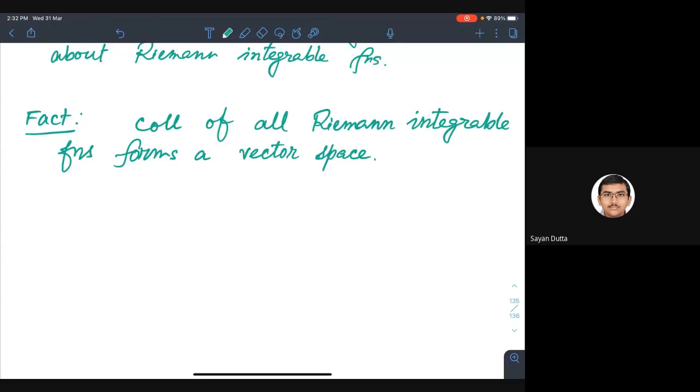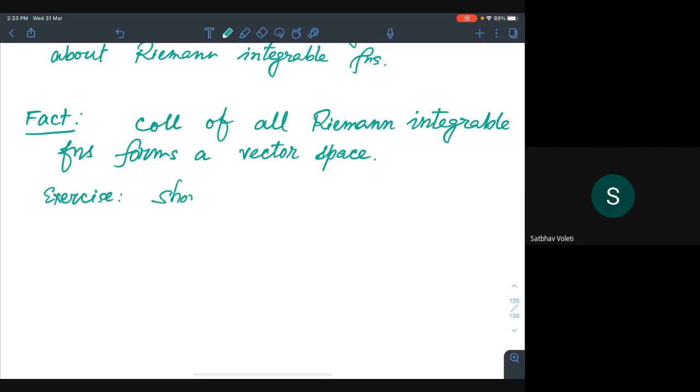Is this clear? What do you need to show? Just the basic axioms, so closure over addition and multiplication with real values, another number. Right. So this is an exercise.